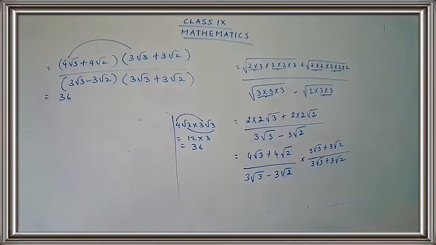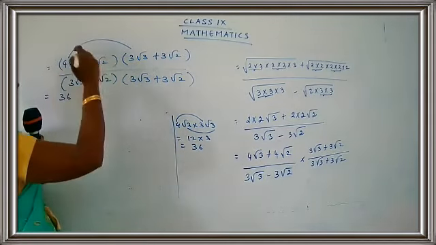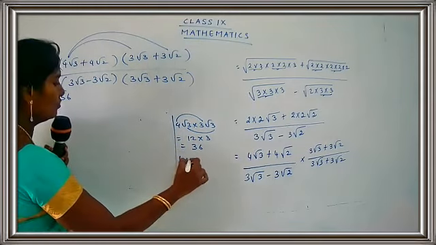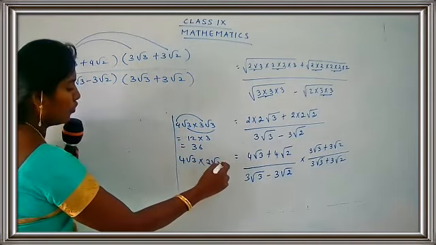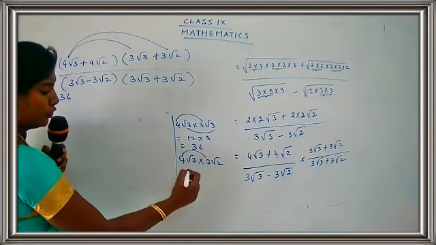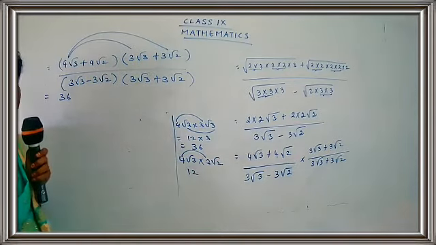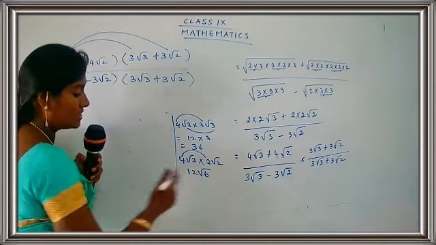Coming to the next one now. We have multiplied the first term and the first term. Now go for the first and the second. So 4 root 3 into 3 root 2. 4 into 3, 12. Root 3 into root 2. Now they are different numbers, the radicands are different. It is 3 and this is 2. So you will get the answer as root 6.